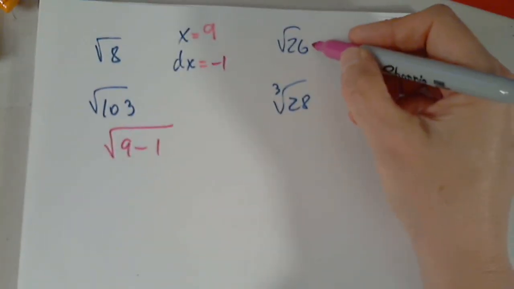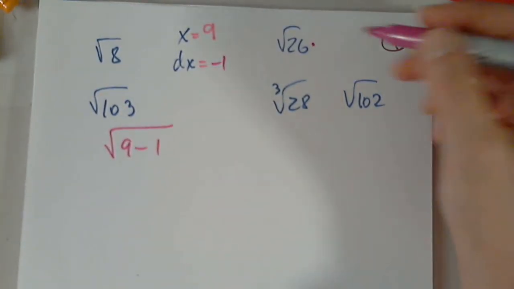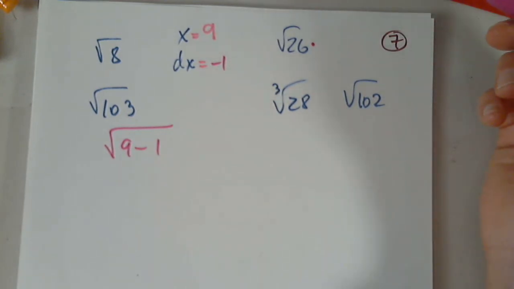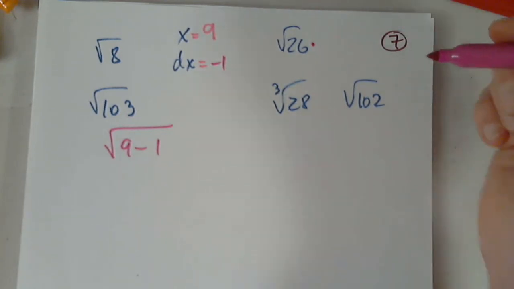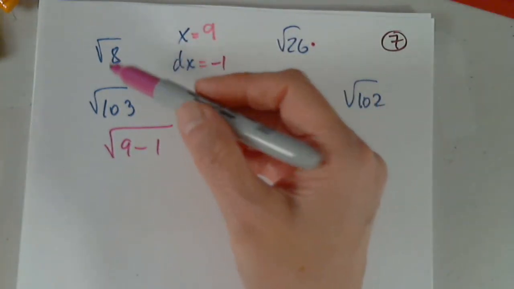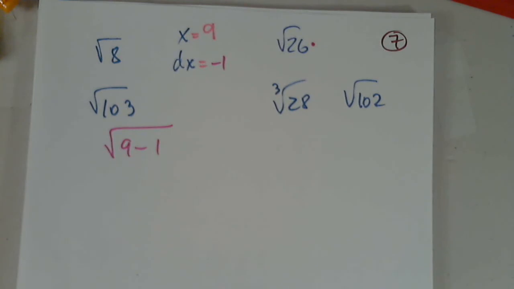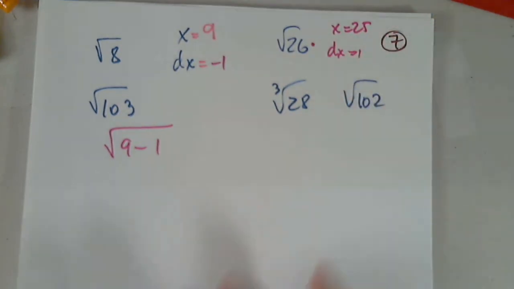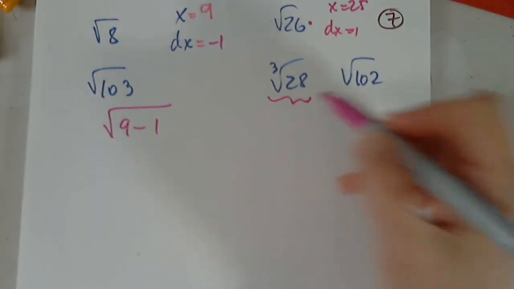What about 26? What will x be and what will be dx? Remember, dx cannot be bigger than x. So if I consider x to be 2, then the error is 6. That's not possible. x will be 25. Right. So here x is 25 and dx is 1. What about this one?